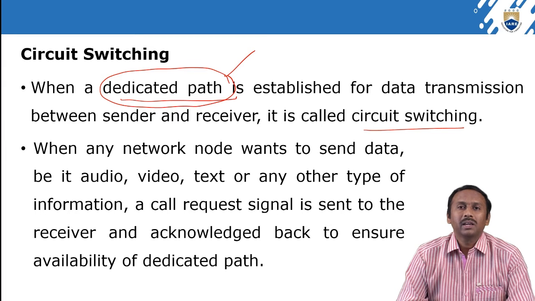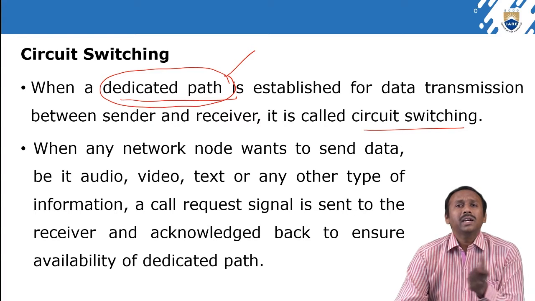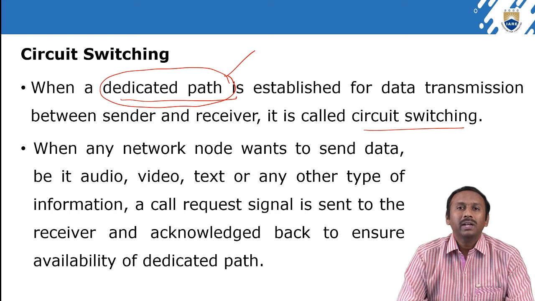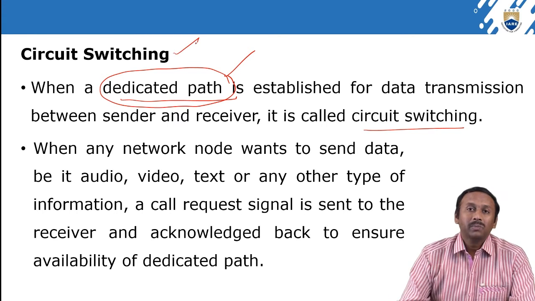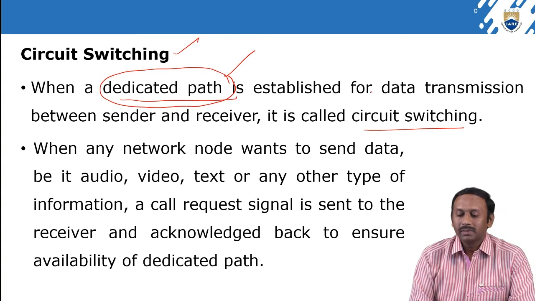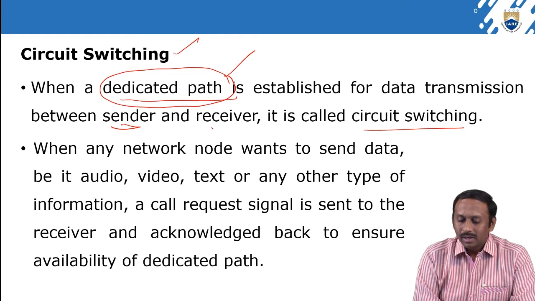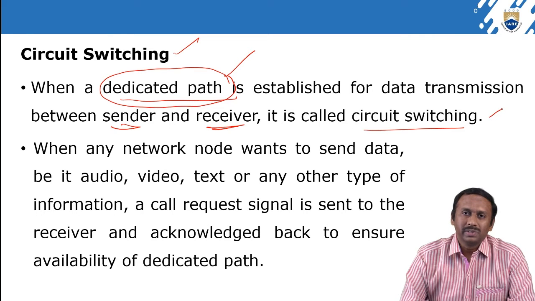Like a broadband or a telephone landline connection, there is a dedicated path. That means from one source to destination, there is a cable. So in circuit switching, whenever a dedicated path is established for data transmission between sender and receiver, it is called circuit switching.